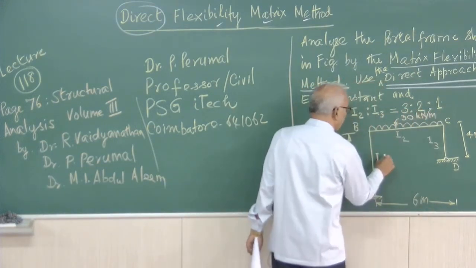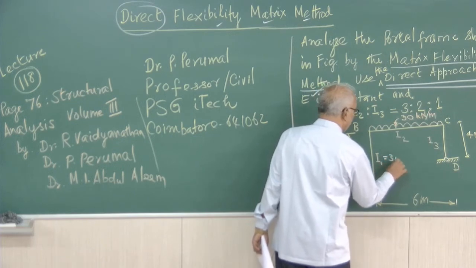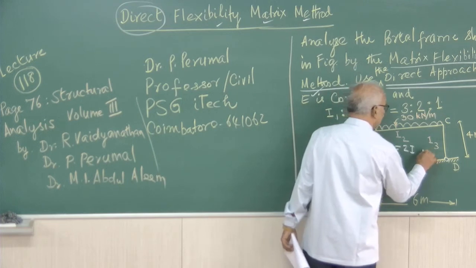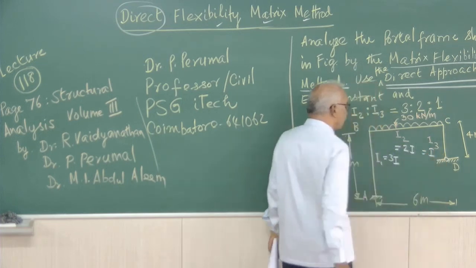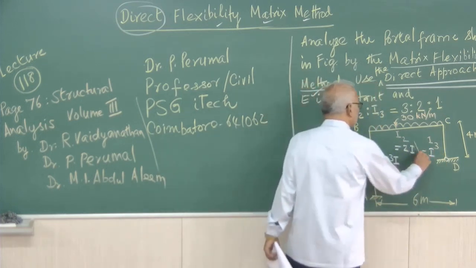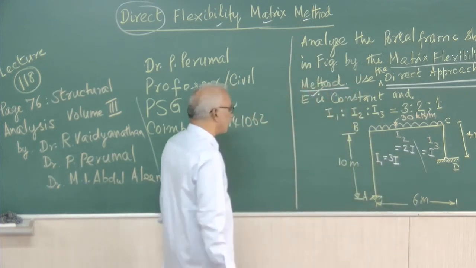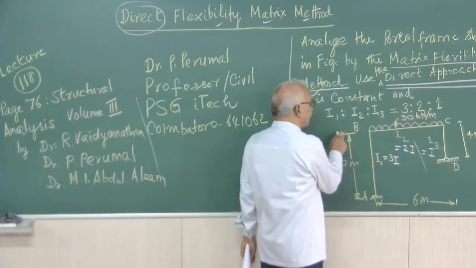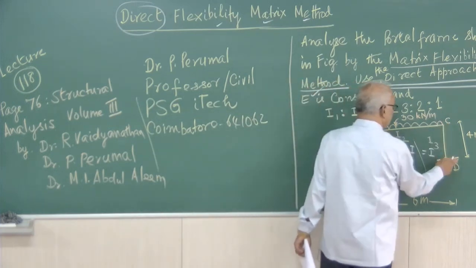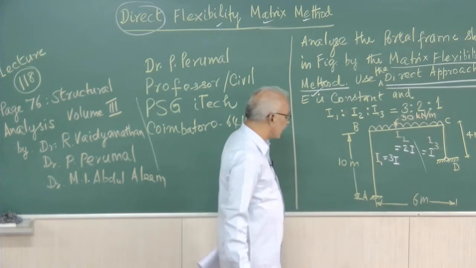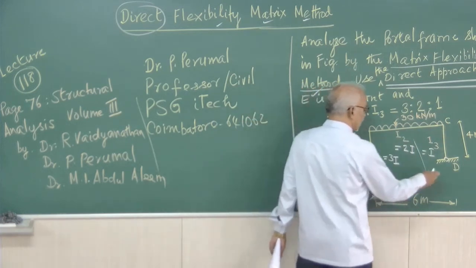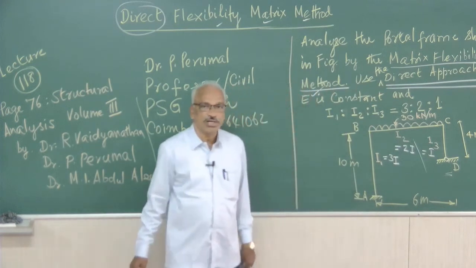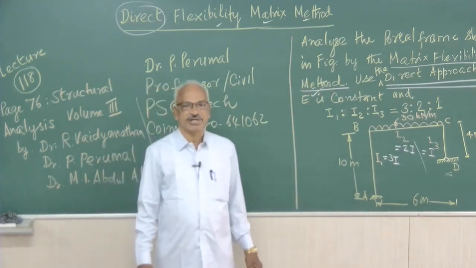That is, I1 equal to 3I, I2 equal to 2I, I3 equal to I. Column AB is 10 meters high, column BC 6 meters and CD 4 meters. A is fixed and D is hinged. So that's about the problem. This we have to do by the direct flexibility method.